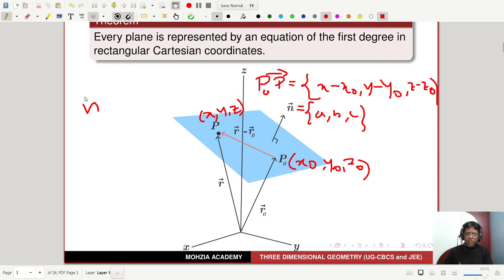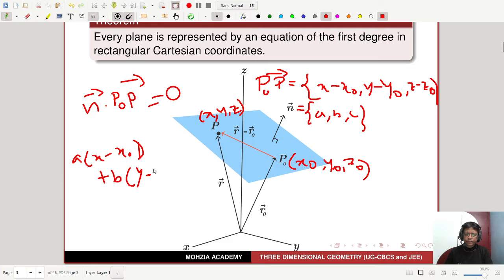So you have the result n dot P naught P equal to 0. If you take the simple dot product, it will give you a(x minus x naught) plus b(y minus y naught) plus c(z minus z naught) equal to 0.